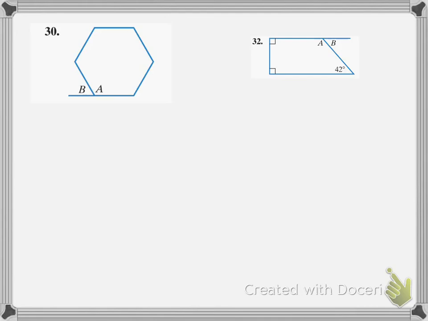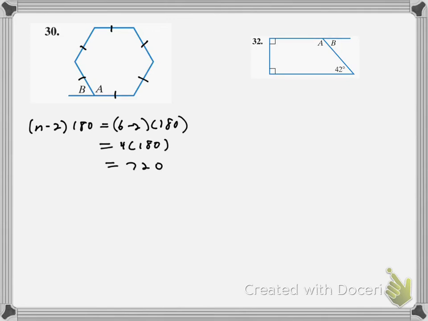Okay, let's do the next two that involve angles. So they want me to find A and B in both of these pictures. So let's start with number 30. First of all, there are 1, 2, 3, 4, 5, 6 sides. So the sum of all the angles in that adds up to n minus 2 times 180, which would be 6 minus 2 times 180, which is 4 times 180, which is 720.